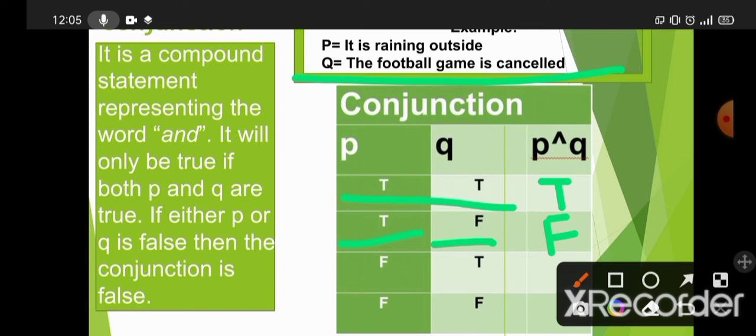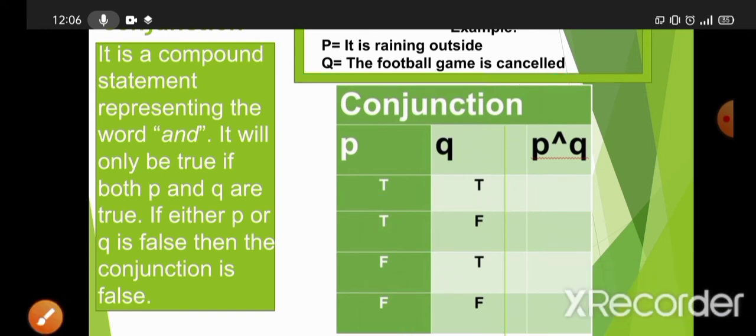Here we have P is false and Q is true. So it is false. Then we have P is false and Q is false. So we have false. So that is conjunction.